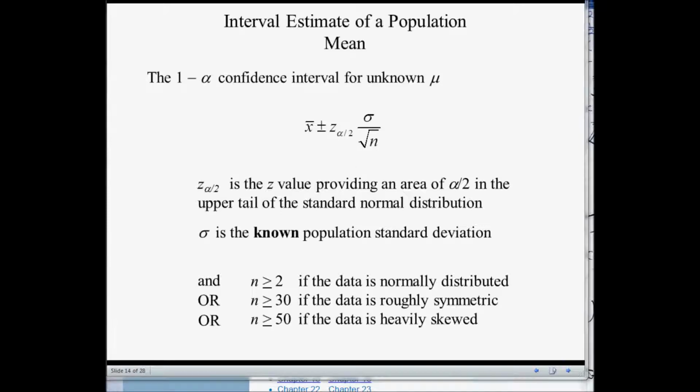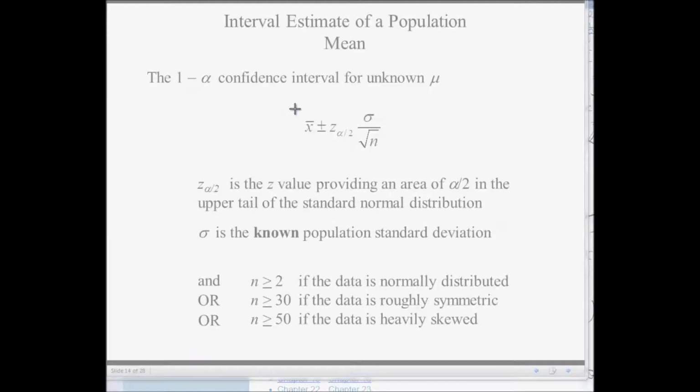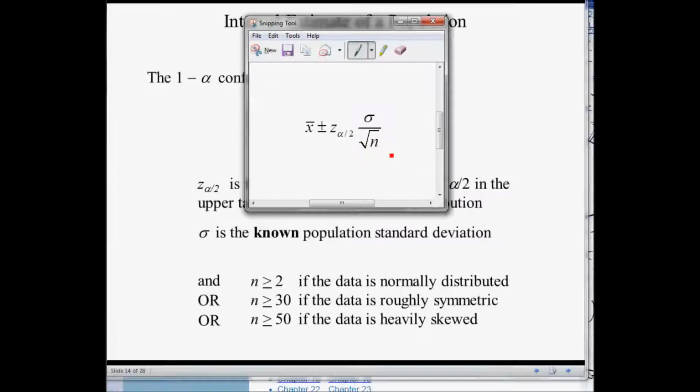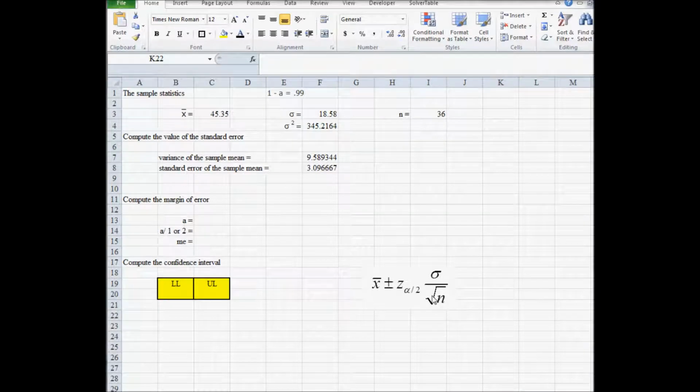So I'm going to go ahead and copy and paste that into Excel. Okay, after pasting in Excel, I want to circle the part that represents the standard error. That is the standard error that we calculated right here. This right here, that circled part, is the margin of error.